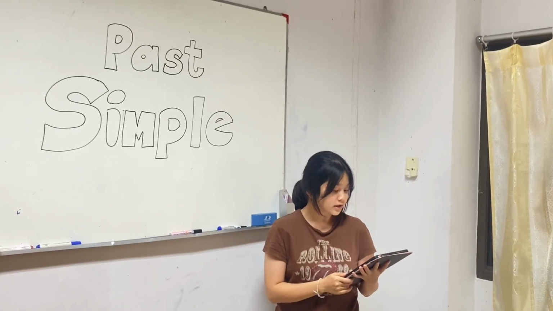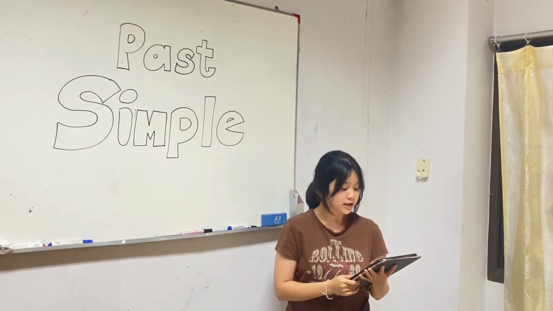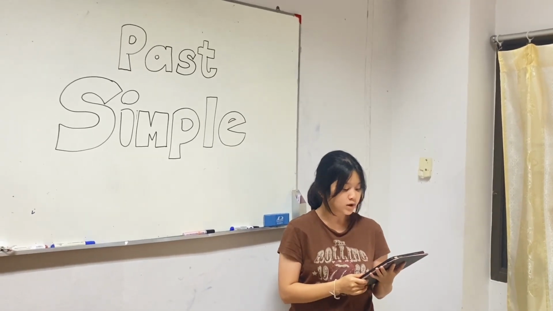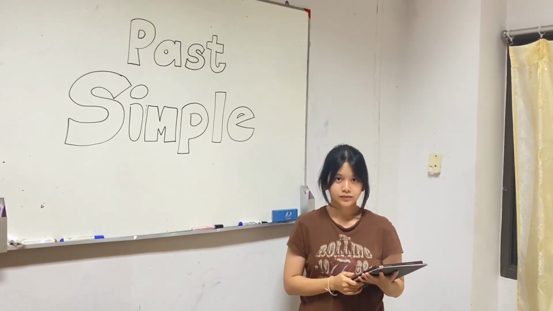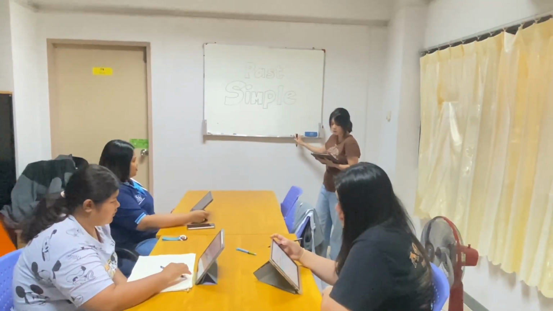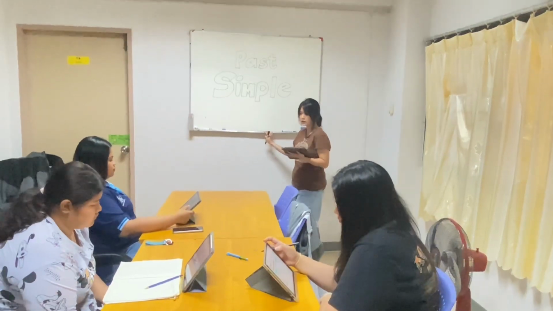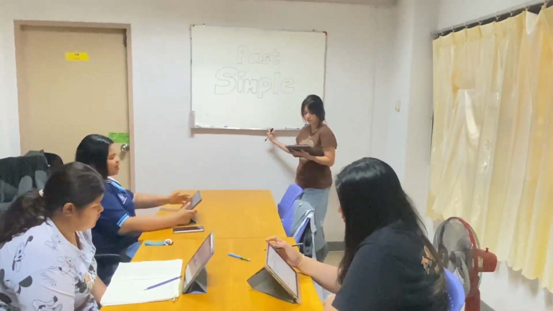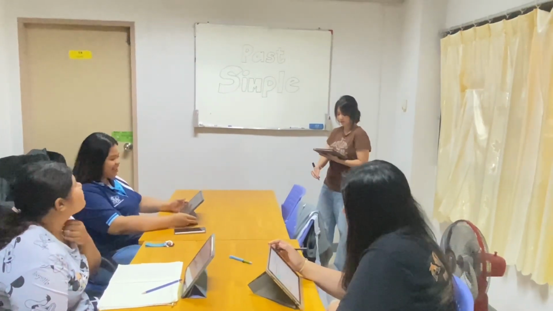Now, what is the sentence structure of the past simple tense? It starts with a subject. After the subject, what else do we need? Which verb tense is used? Verb 2. To make a negative sentence, what do we need to include? Start the sentence with subject, did not, and Verb 1.